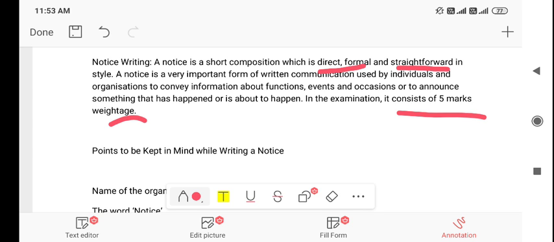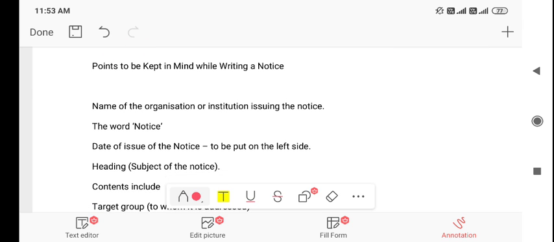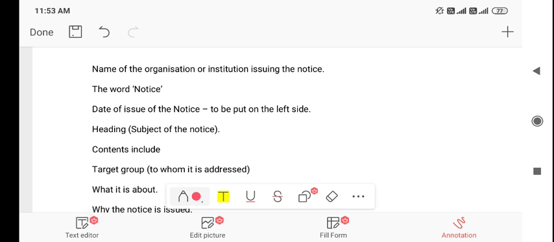So let's move ahead. Points to be kept in mind while writing a notice. What are the things we should keep in mind while writing a notice? The notice should have the name of the organization. For example, any notice in a school will certainly have the name of the institution.